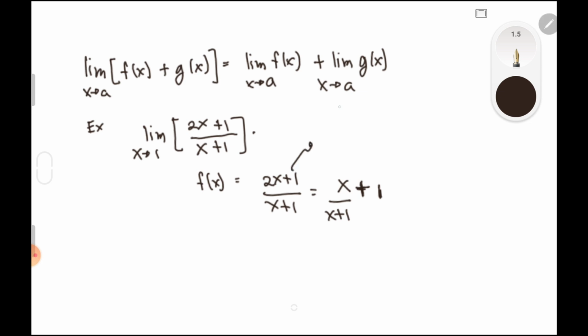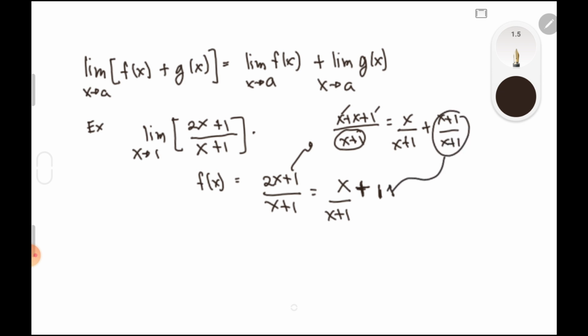Kasi pwede mo manipulate into x plus 1 divided by x plus 1. Since these are like terms, I can say that we have x divided by x plus 1, plus x plus 1 divided by x plus 1, which is equal to 1. Okay, and this will be x. So let's say this will be my f of x, and this will be my g of x.